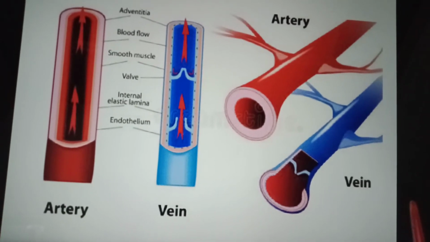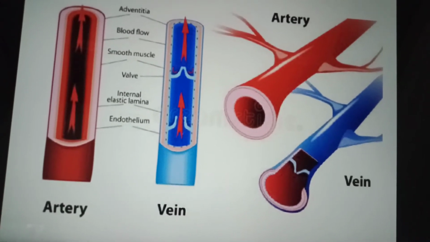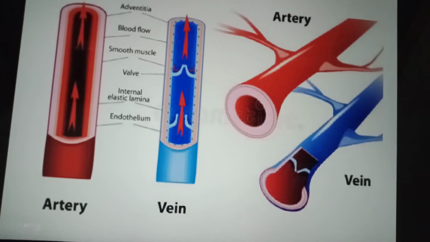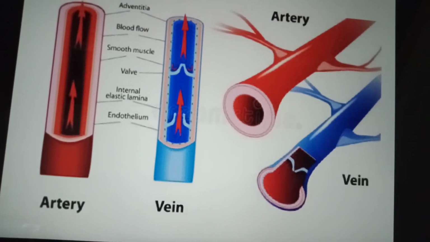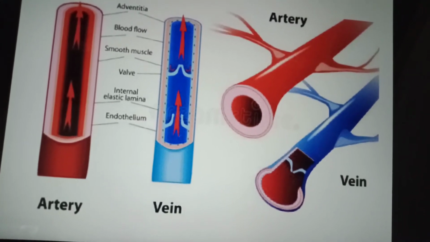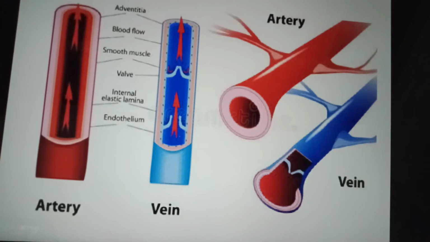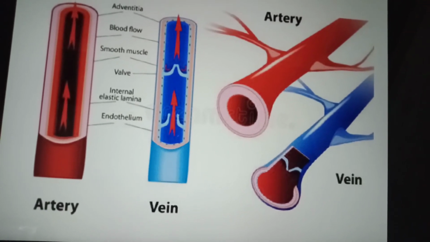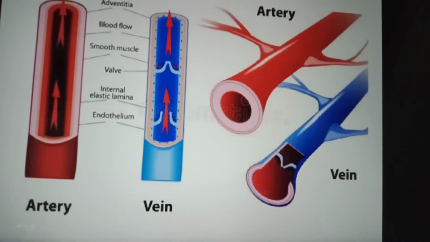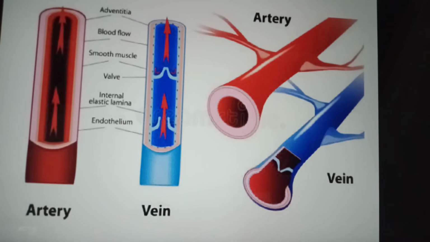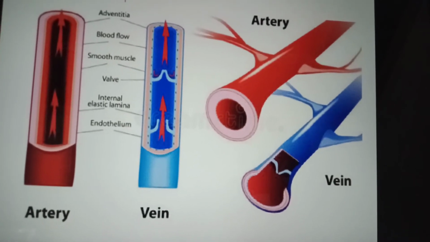The walls of a vein are composed of the same three layers as are present in an artery wall, with the difference that the middle layer of a vein has less smooth muscle and elastic tissue as compared to an artery. So the middle layer of the vein is comparatively thin. The lumen of the veins is broader than that of arteries.